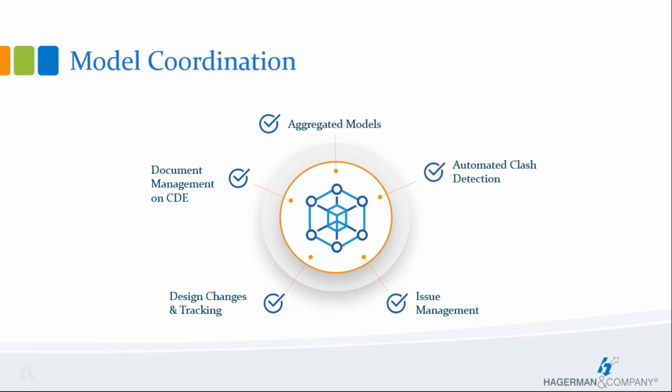Model Coordination. For those of you that had BIM 360 Design, this is a new offering that's included in your Collaborate Pro. Model Coordination provides a coordination space to upload, review, and detect clashes automatically between your latest set of project models.